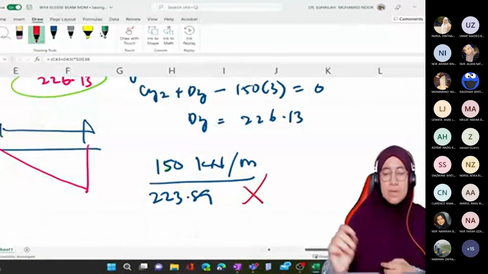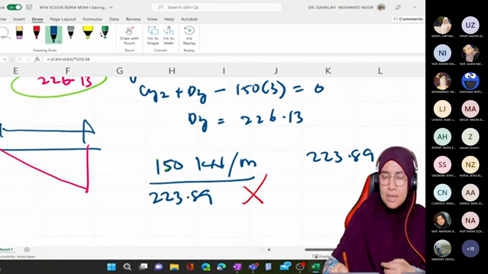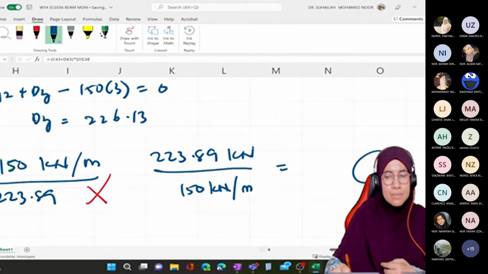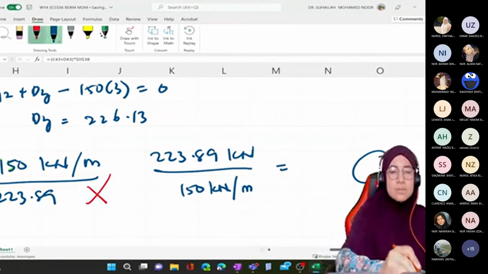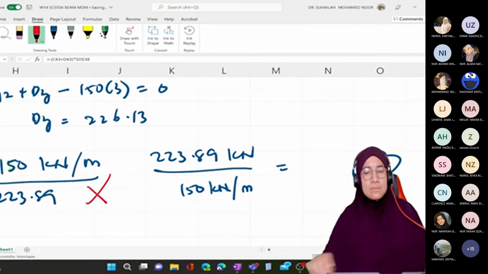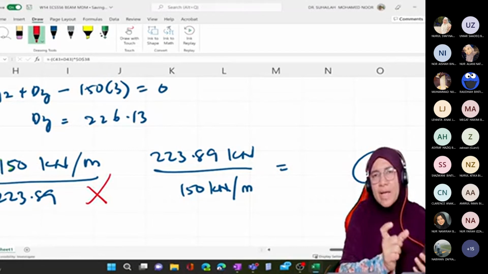Okay, it should be not this. It should be 223.89 kilonewton divided by 150 kilonewton per meter, so that we will get meter, right? Because we have to identify the distance.